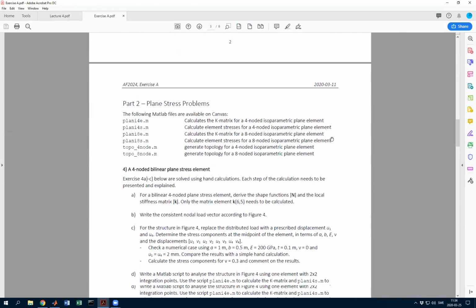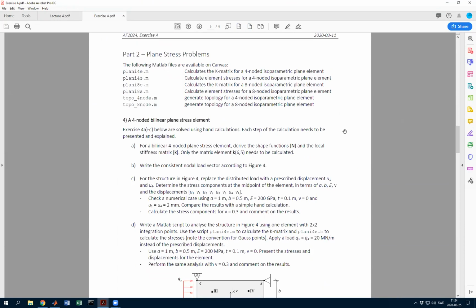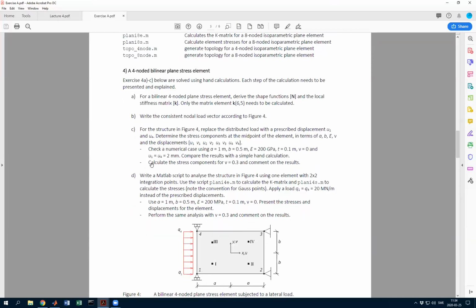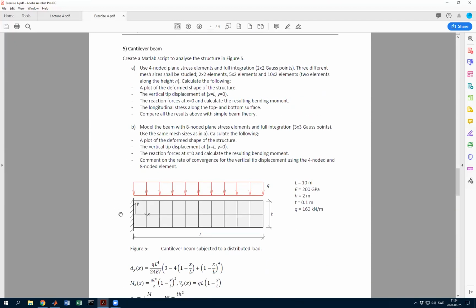But today's lecture covers much of what you need for part 2, the plane stress problems. So after this lecture, you should be able to work out this part and the cantilever beam.